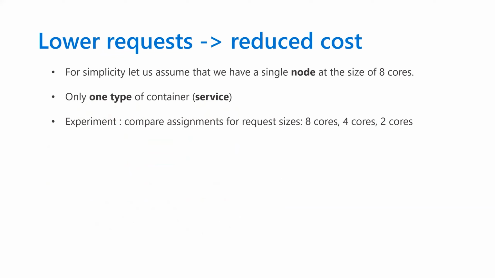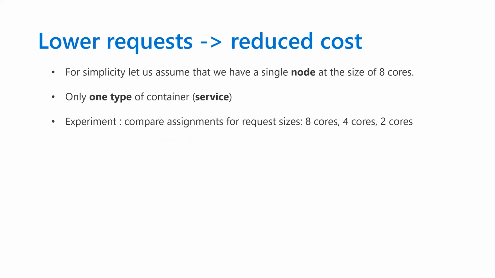So let's experiment a little bit to understand the problem, the motivation, and the complexity of the problem. Let's say, for simplicity, that we are deploying a cluster made of a single node, and this node is at the size of 8 cores. And for simplicity as well, we only have one type of container or service that we can have many instances of.